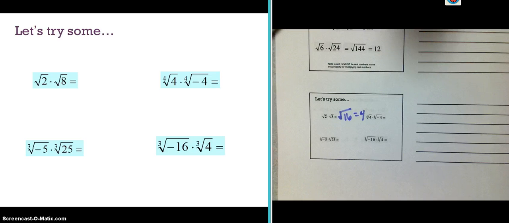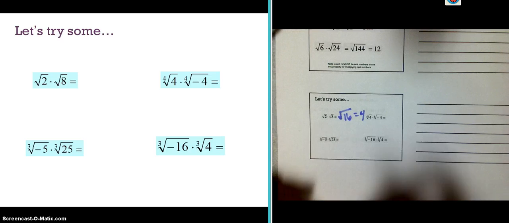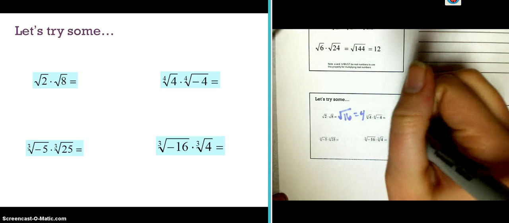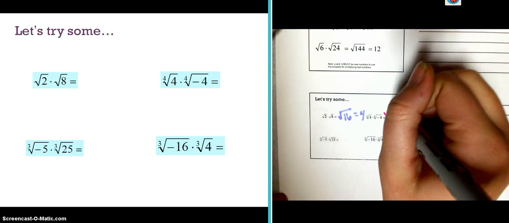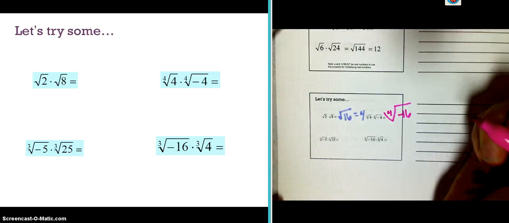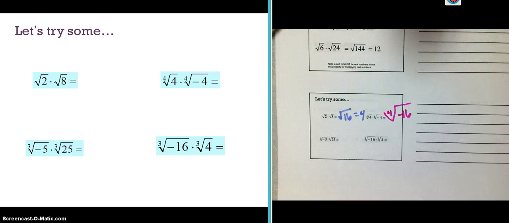For the next one, we have the fourth root of 4 times the fourth root of negative 4. Well, 4 times negative 4 is negative 16. So we have the fourth root of negative 16. But think about it. Can we solve that?